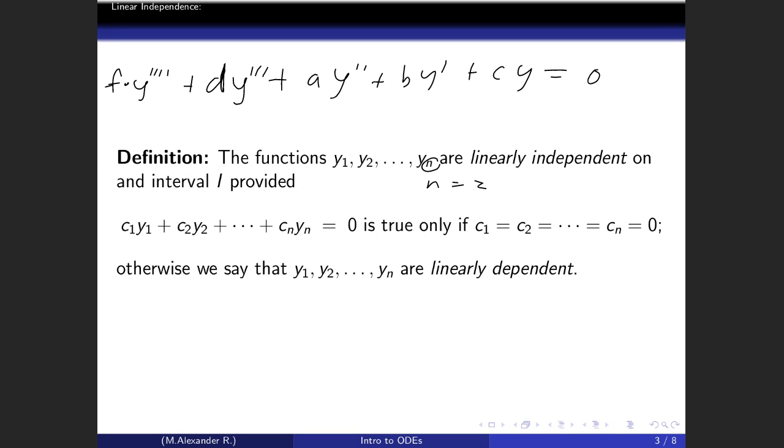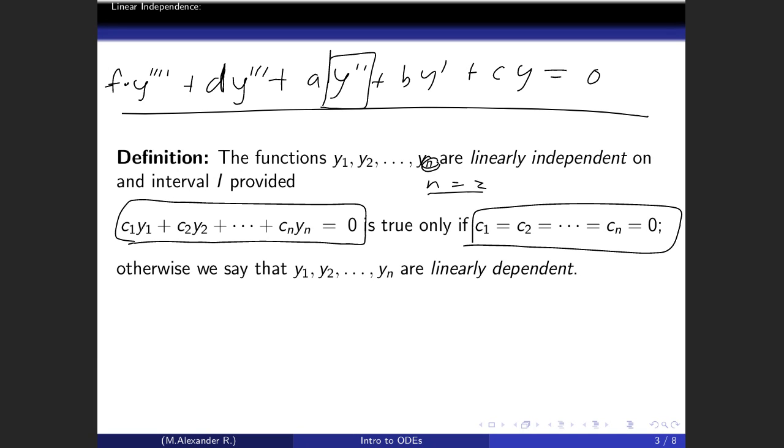For the most part, in this semester, we are going to focus on second order differential equations. But a lot of the things that we deal with for second order are also true for third order, fourth order, and any other number. That's why this definition seems a little more lengthy than last time, when we were just dealing with second order.